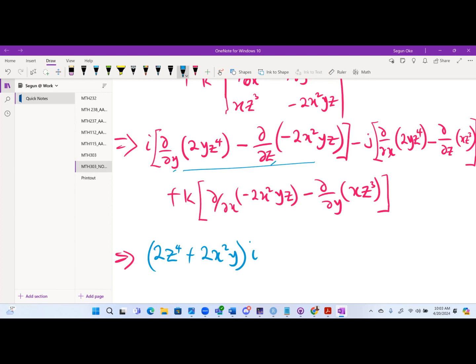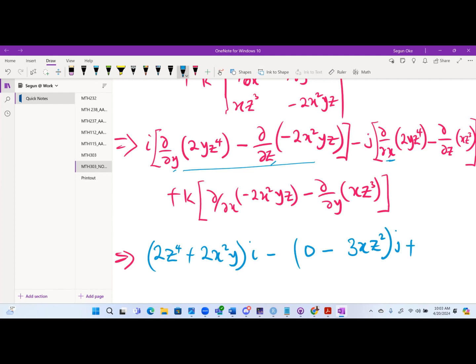So I have minus j here. Let's see whether it's still going to be minus. Differentiate with respect to z. Look at this one. If I differentiate this with respect to x, what do you have? You have 0. Minus, differentiate this with respect to z, you have 3xz², j.